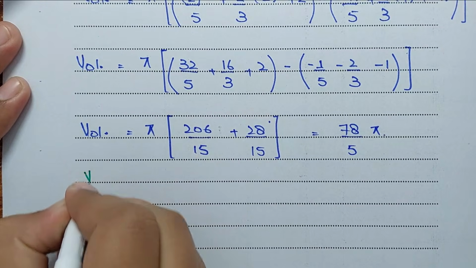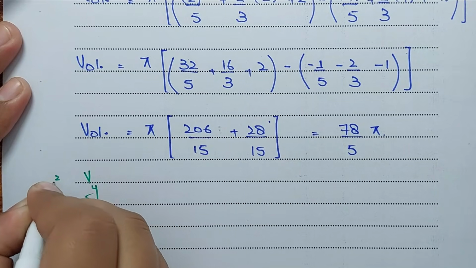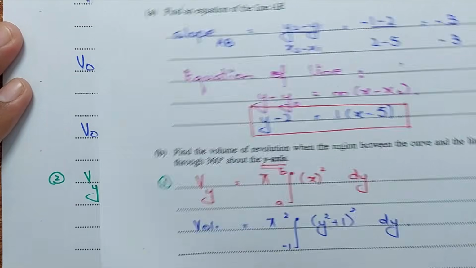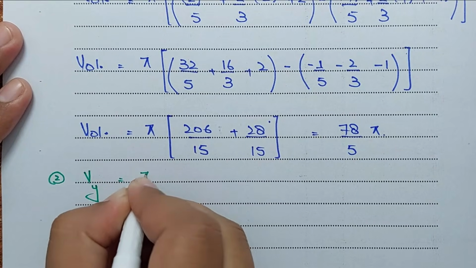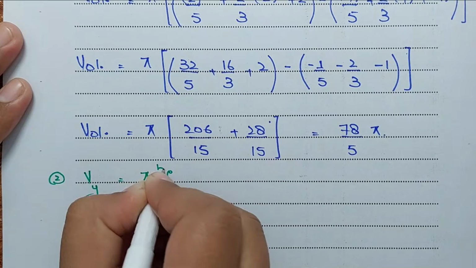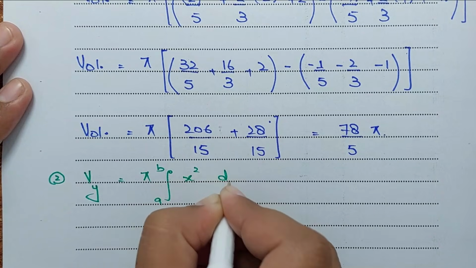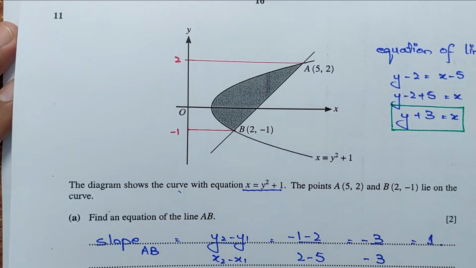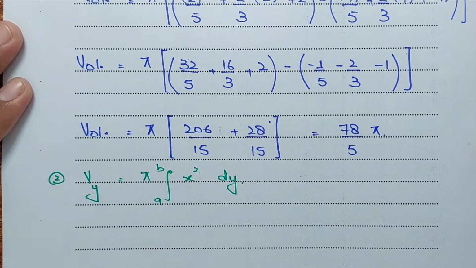So the same thing for the volume of revolution under the line. This is the second one, and the first one is this. The same formula applies: the volume equals pi times the integral from a to b of x squared dy. Now y plus 3 is your x value, so we take its square.